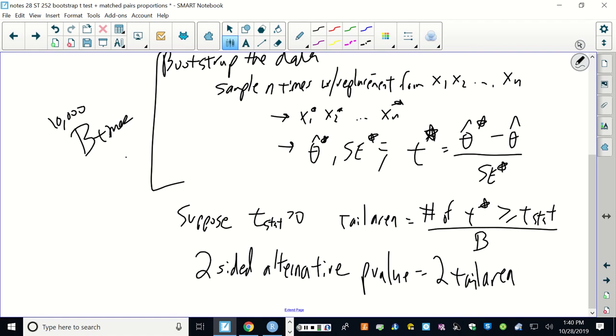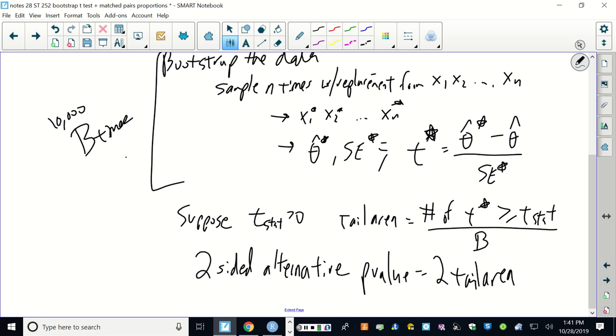And if the t statistic ended up being less than 0, then we would just calculate the percentage of t stars that are less than, going out that way. So whatever's away from the center. Right? And so this should work pretty well.